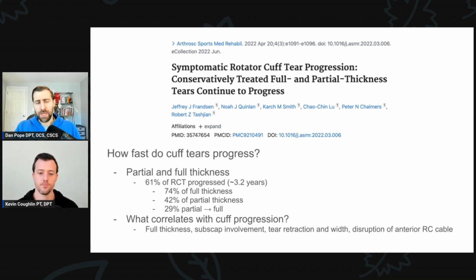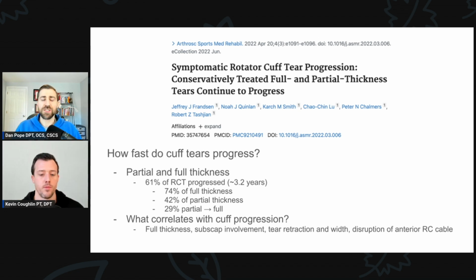So if they looked at all of the rotator cuff tears, both partial and full thickness, 61% of rotator cuff tears progressed at the 3.2 year mark. And this was an average of 3.2 years. I think it was plus or minus 2 years, right? So a little over half of these patients will have a progression of their rotator cuff tear at around 3 years, right?